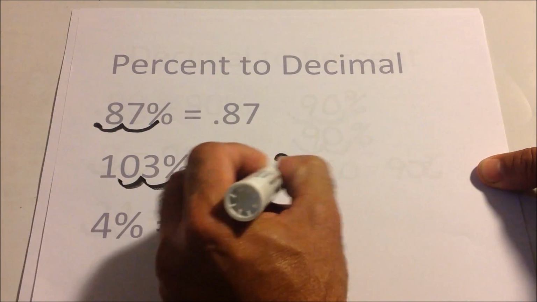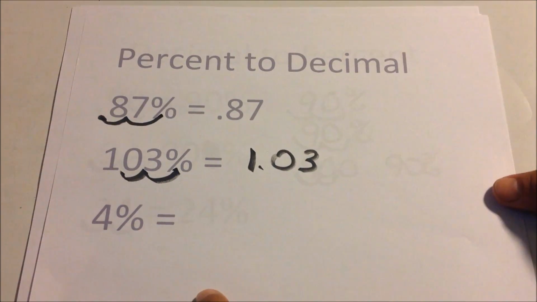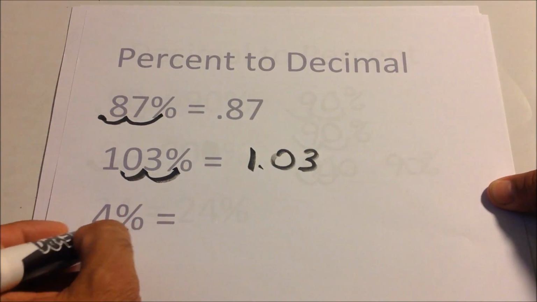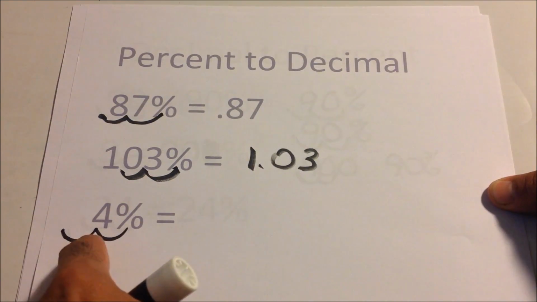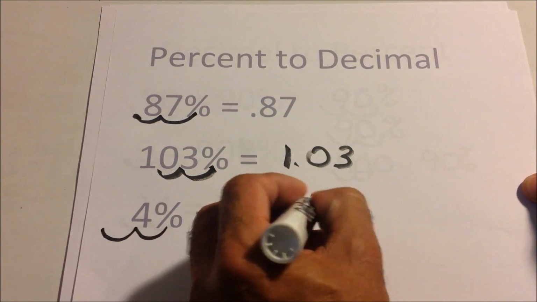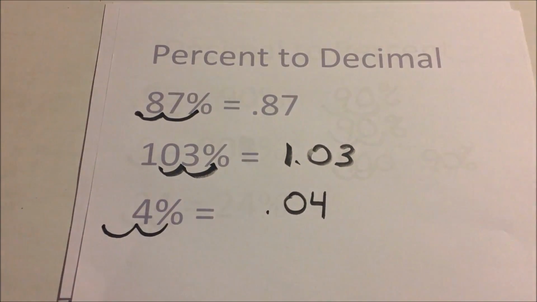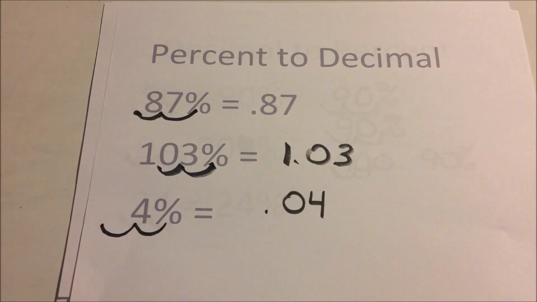So 1.03 is the decimal. And what about 4%? Again, move it twice. 1, 2. We have a gap, and every time we have a gap, we put a 0. So 0.04 is 4%. That's how we can go from decimals to percents and percents to decimals. And we can do them with fractions too, and we'll do that in another video.